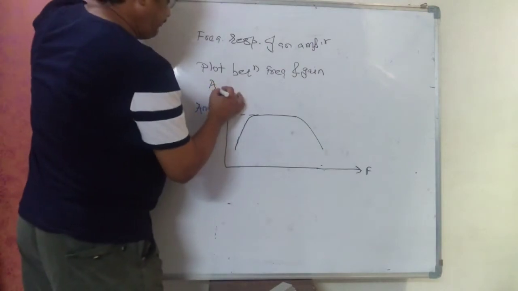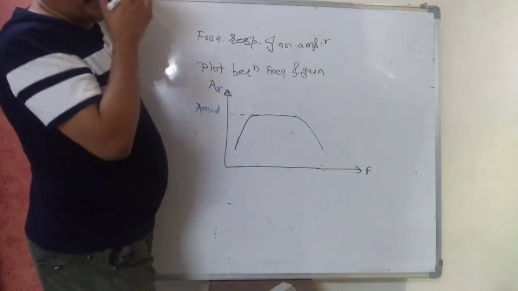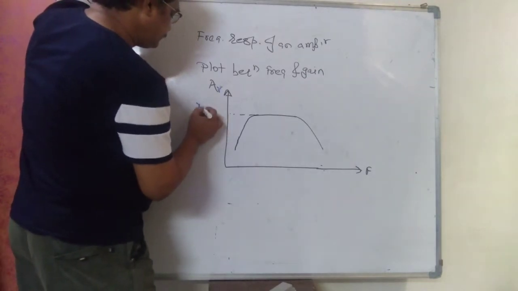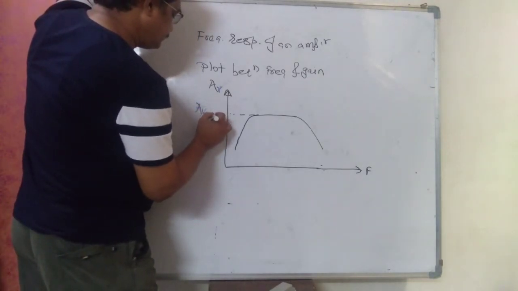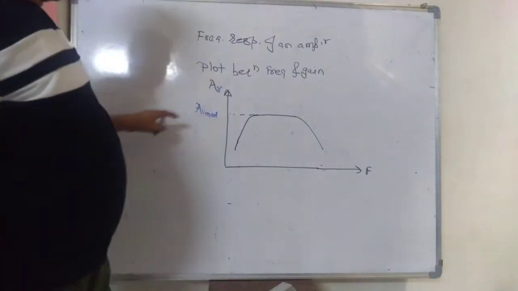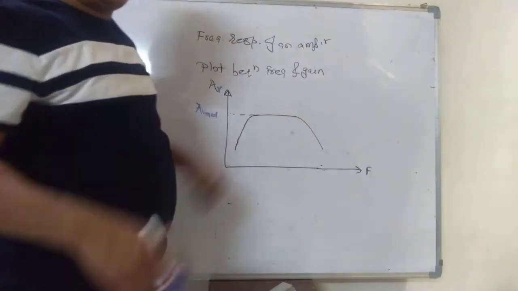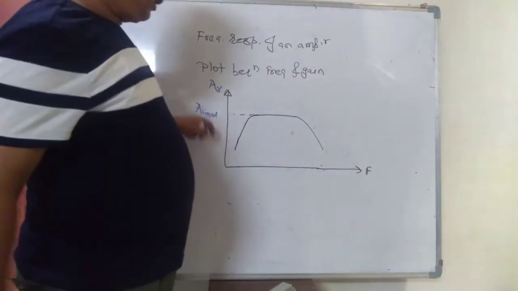So I am writing here AV, voltage gain. Suppose maximum gain is 10. What we have to do practically, I will explain it one by one.